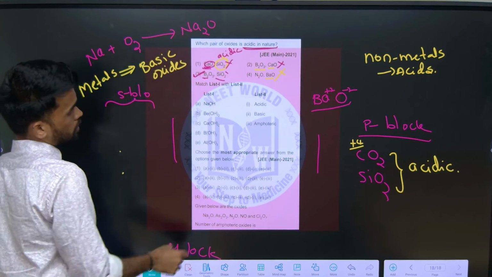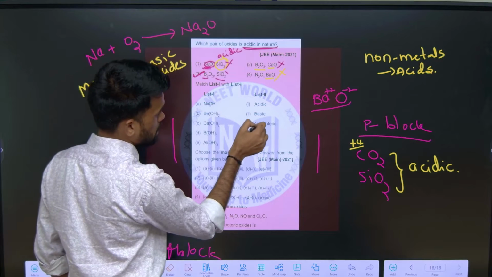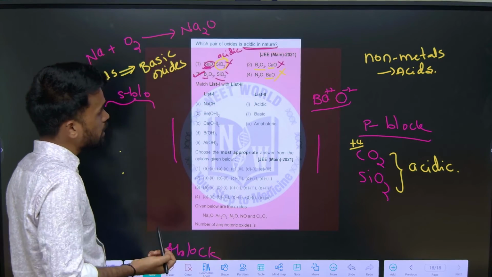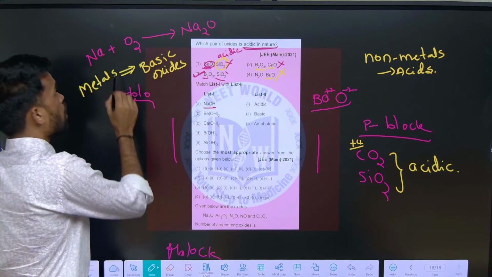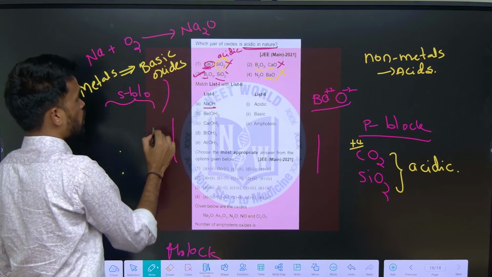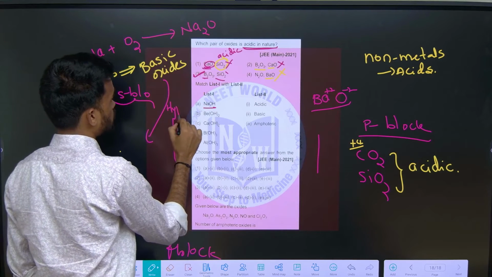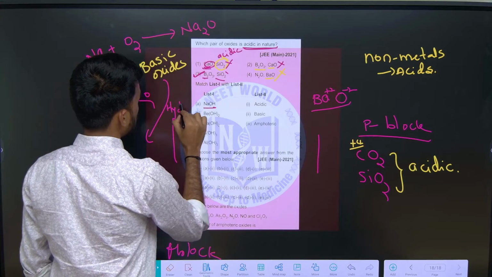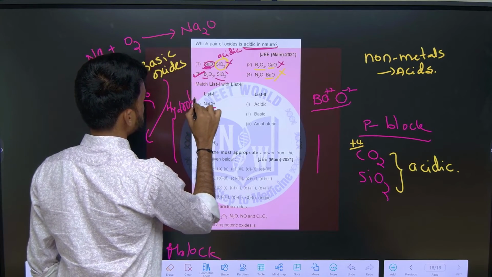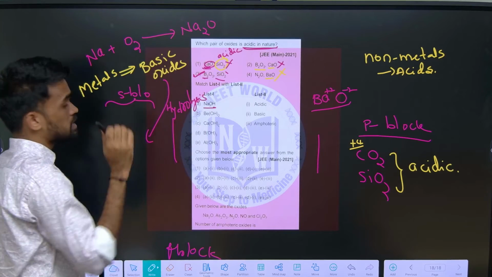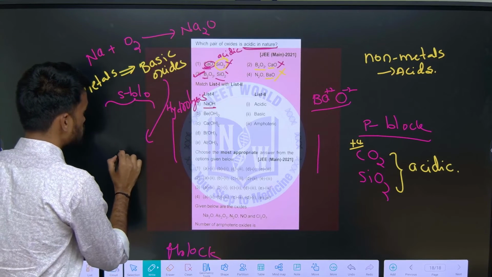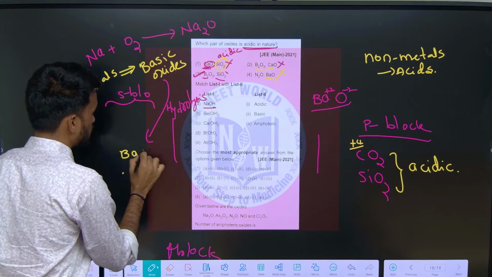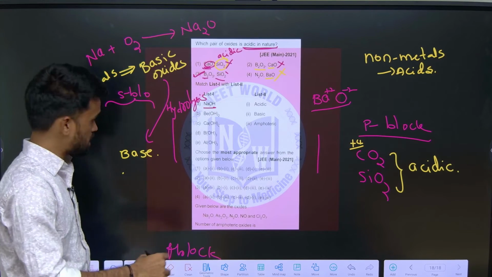Okay, so now what about hydroxides, and what is the nature of those compounds? We know NaOH is basic. Basic oxides upon hydrolysis: if we add water to a basic oxide, they will form bases, basic hydroxides.